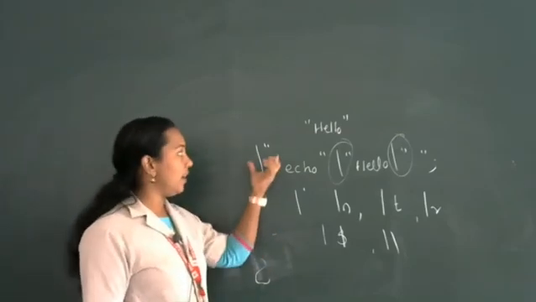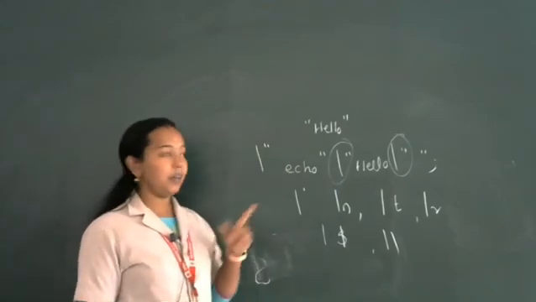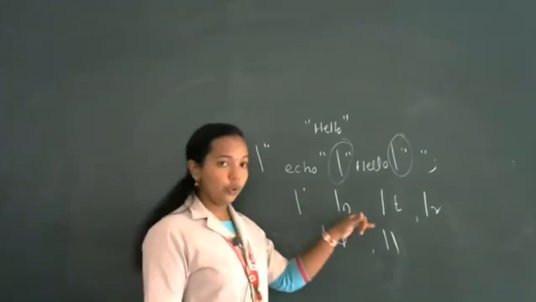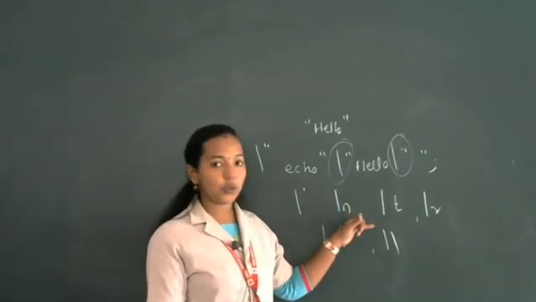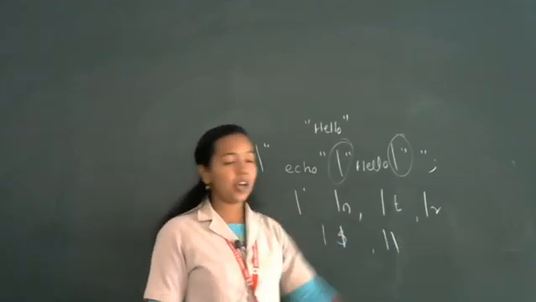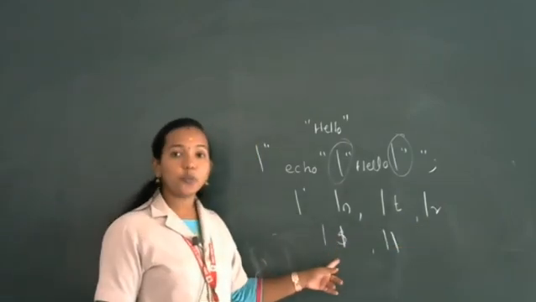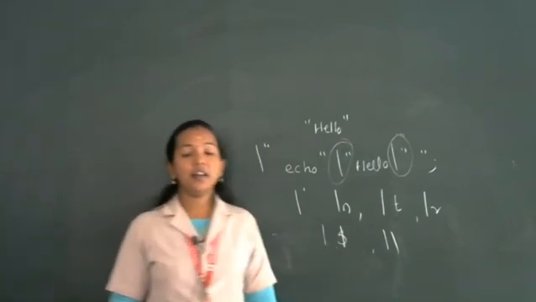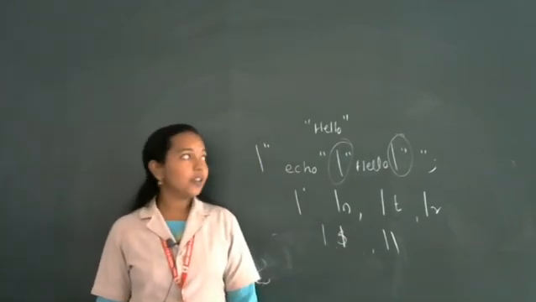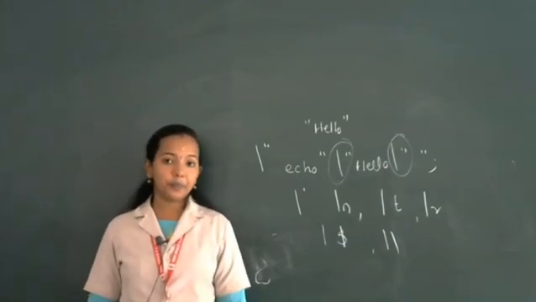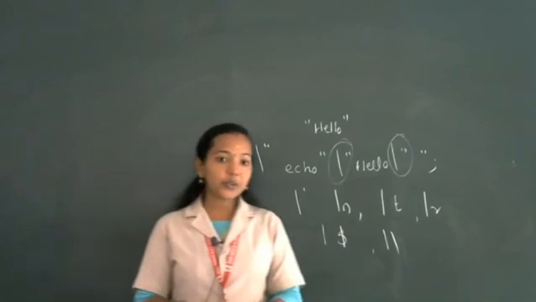For printing double quotes, backslash double quote; single quote, backslash single quote; new line, backslash n, though normally we use the BR tag; tab, backslash t; carriage return or enter, backslash r; to print a dollar, backslash dollar; and a single backslash, double backslash. So these are the various escape sequences that we use in PHP. Hope you understood.